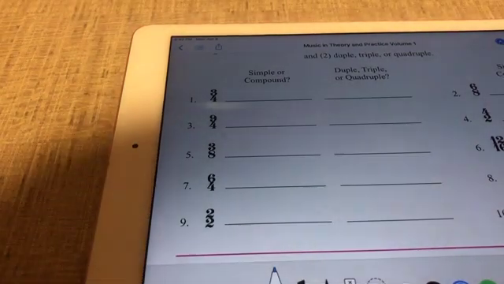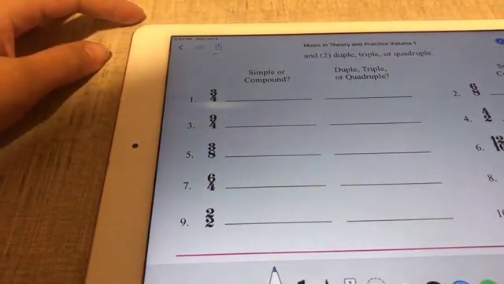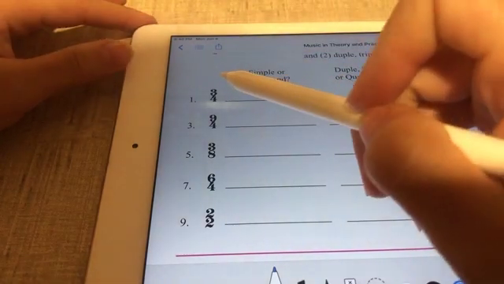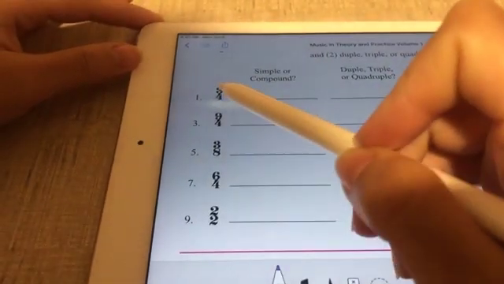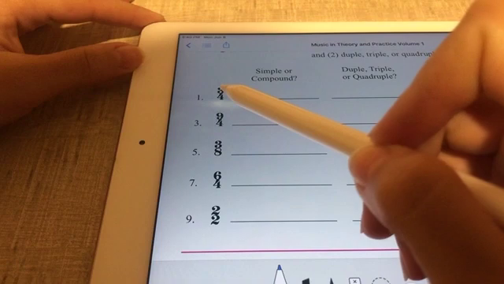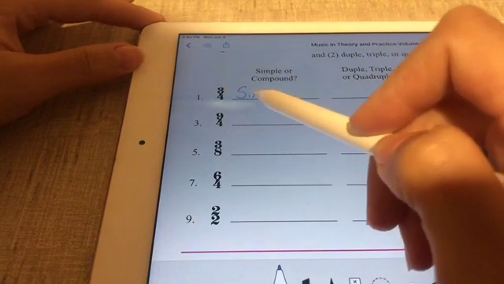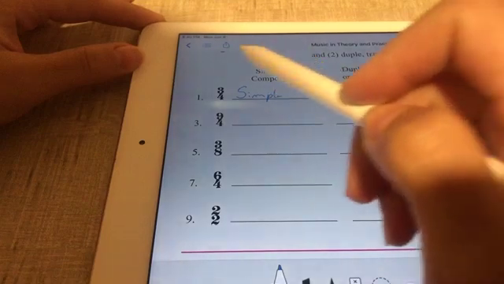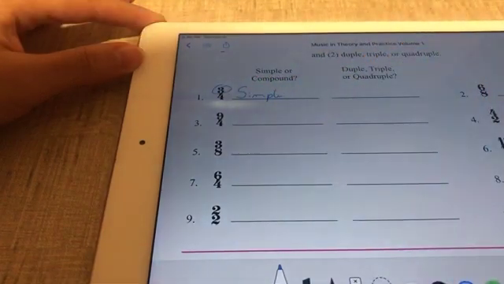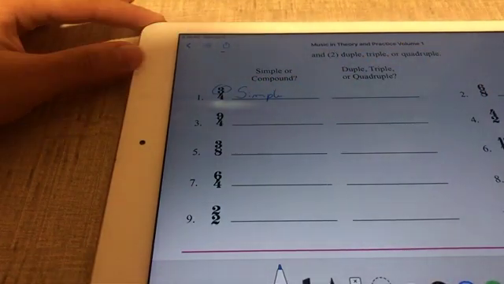Hello everyone, so I'm going to correct the homework. So I have 3/4. We said whenever the number up is 2, 3, or 4, it is simple because I have to look at the number up. So let me define the meter. What is 3/4?